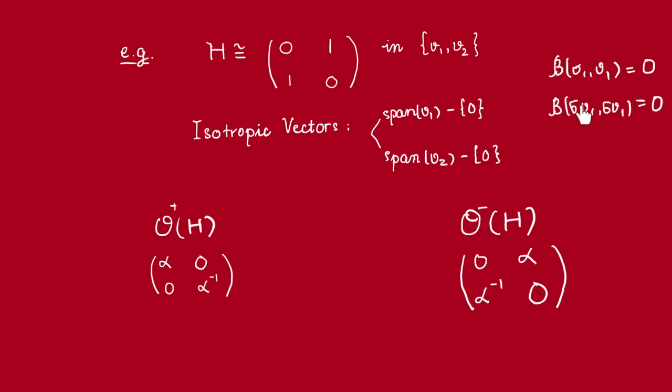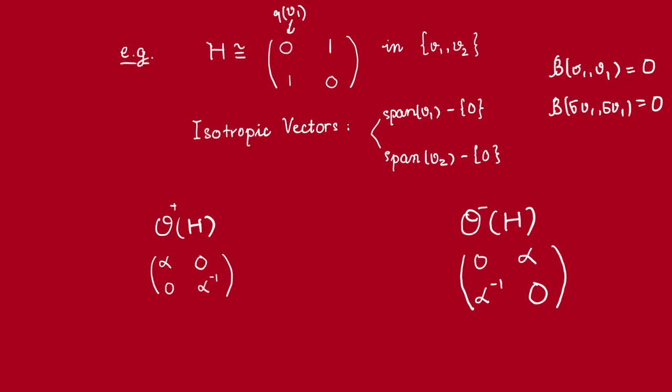So if sigma is an isometry and v1 is an isotropic vector, then sigma v1 is also a zero of the quadratic form, but the isometry has to be invertible, so sigma v1 can't be zero, so it must be isotropic also.